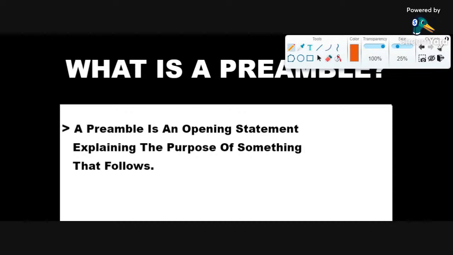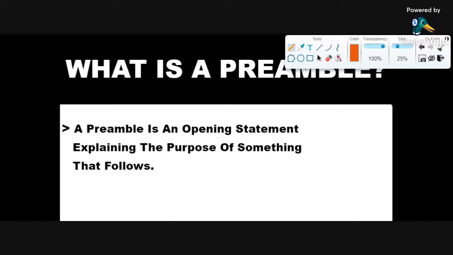WAEC has something in the marking scheme, which we are also going to examine, and that thing is aimed at warning students against the wrong use of a preamble, not because WAEC is saying that you must use a preamble to present your answer, but because WAEC knows that, as in every other exam, when you are asked a question, you are at liberty to use a preamble.